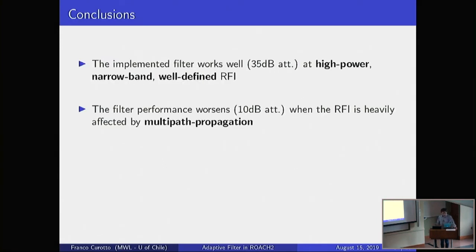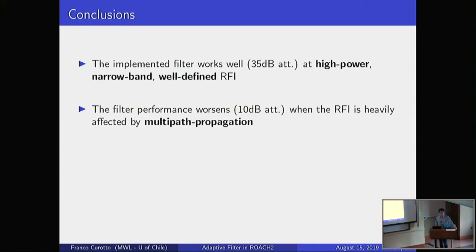And well, that's all that I wanted to show. So in conclusion, the implementation of the filter works very well, where you can achieve at least 35 dB of attenuation, but in the cases where you have high power, narrow band, and well-defined RFI, right?